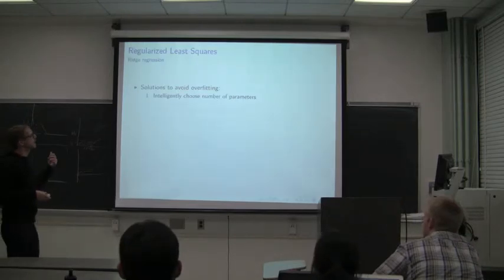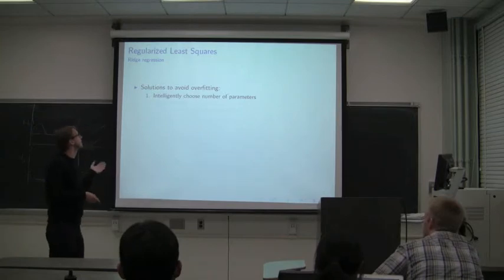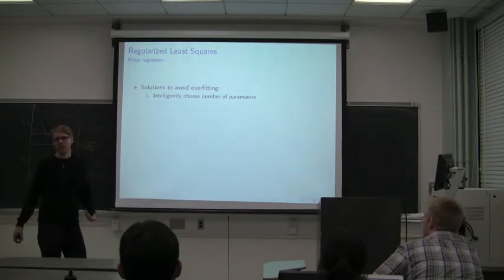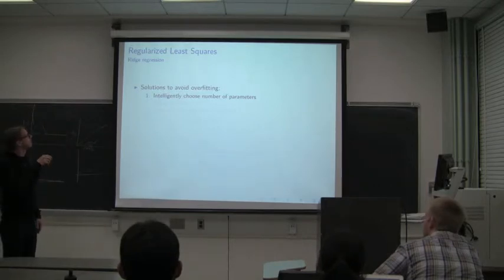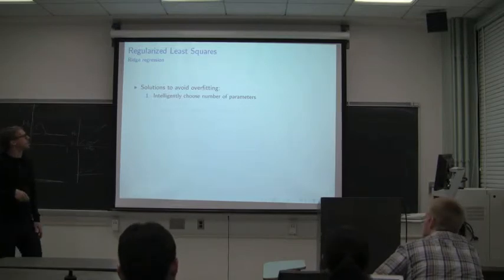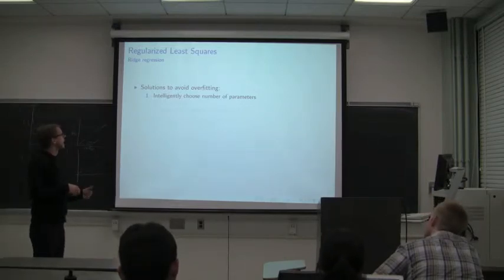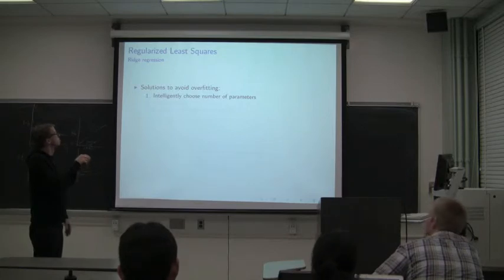Okay, and the way to avoid overfitting is what we call regularization. It's again a kind of penalization, for which the most common version is the so-called ridge regression. We've already seen other solutions to avoid overfitting.